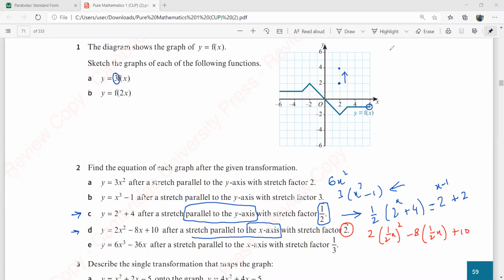Let me tell you again, if your y is equal to f of x and you change that into y is equal to f of a x, beta, then your scale factor is 1 over a. I just told you in the previous slide, okay? So k is 1 over a. So if the scale factor is 2, it means you need to have half over here, okay? And it's a horizontal stretch. Not the whole equation would be multiplied with the scale factor. It's only the x's that has to be changed with the half x, okay?